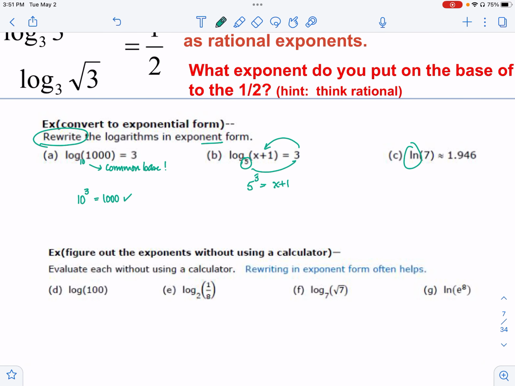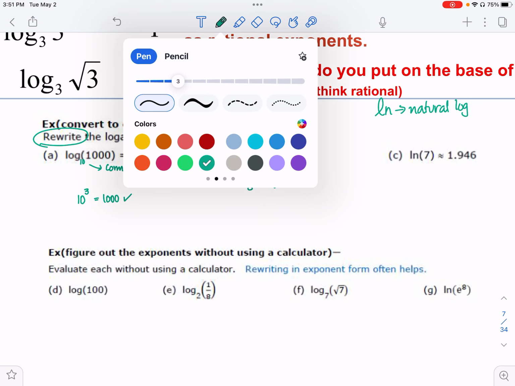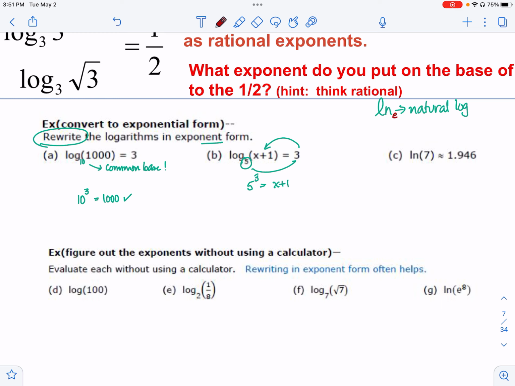When we see natural logs, ln is referred to as natural log. The reason it's called natural log is because the default base to natural logs is e. In other words, log base e is referred to as ln, natural log, because e is a natural number.